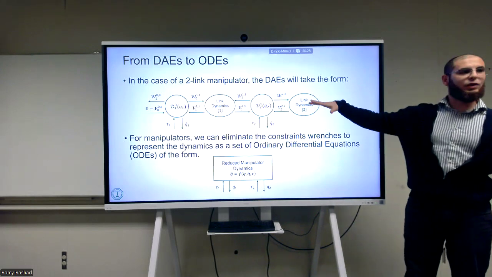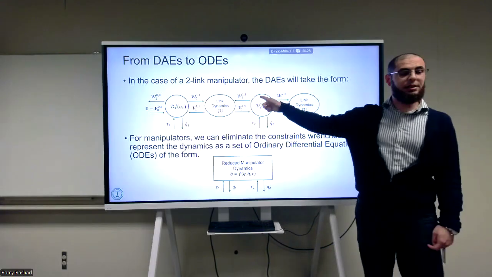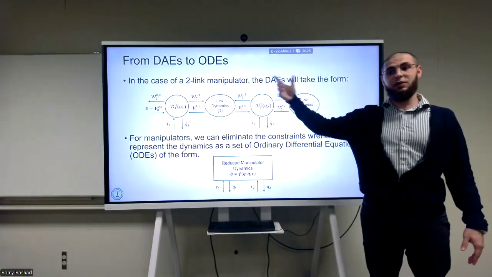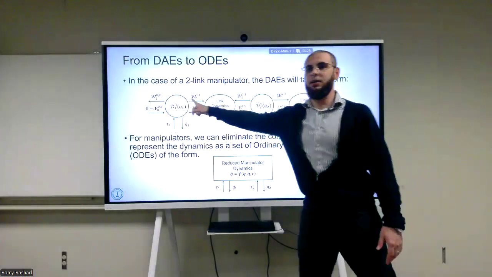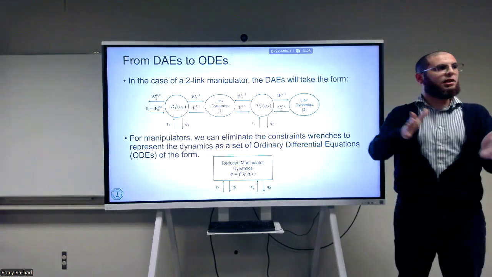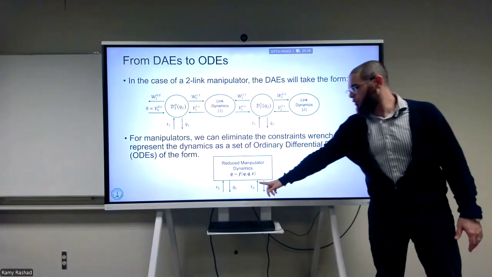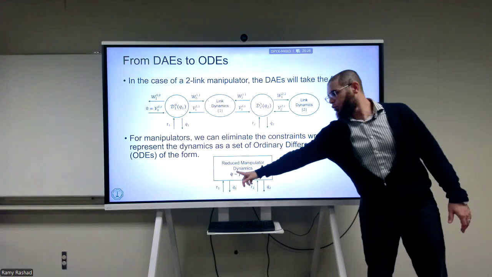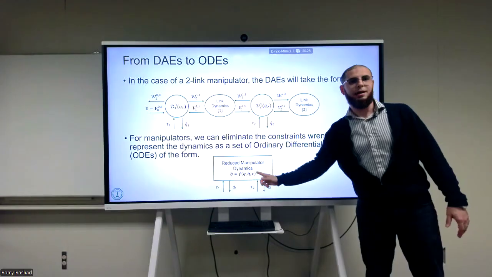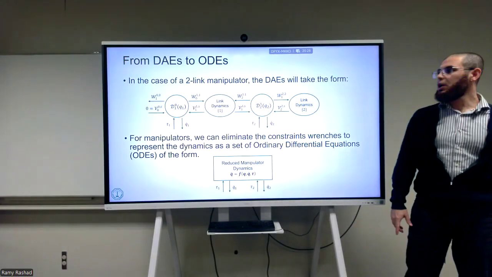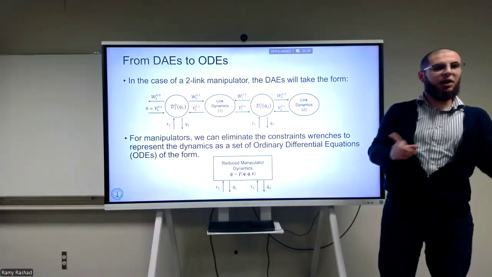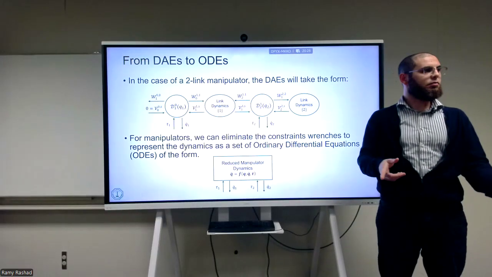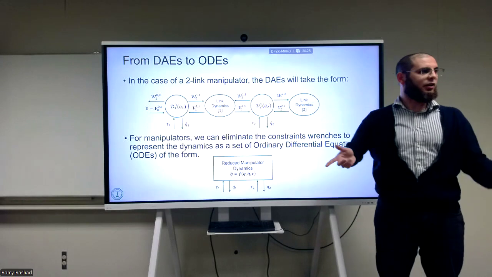But what we want to do now is that we're able, because actually that's applicable for fixed base manipulators, and also for floating base manipulators, to take this differential algebraic equation and reduce it into an equation that only depends on the Q's, the Q dots, and the tau. So you see here, we have all of these constrained wrenches from the parent acting on the child, and the child acting on the parent.